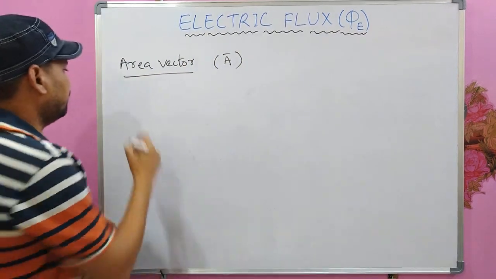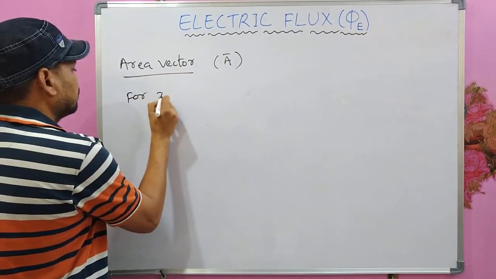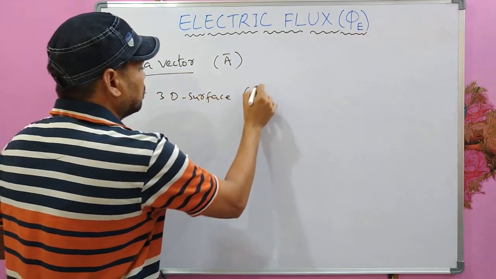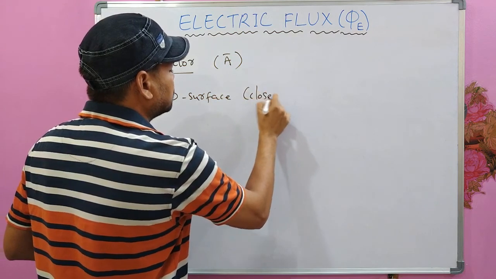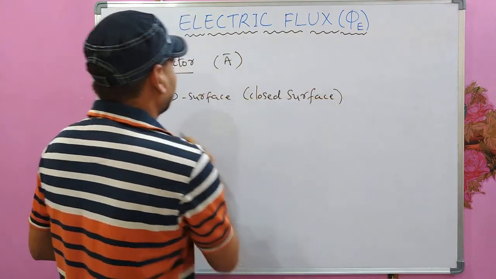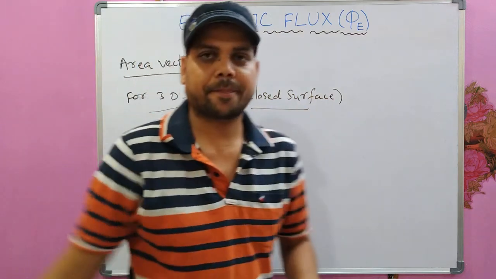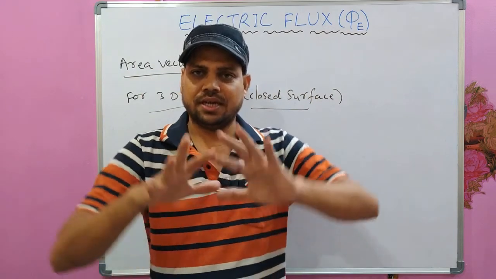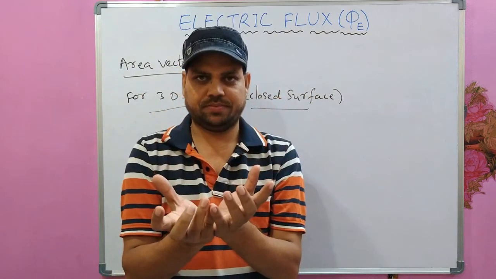For 3D surface, which is also called as closed surface, what is closed surface or 3D surface? It has a surface which is closed.